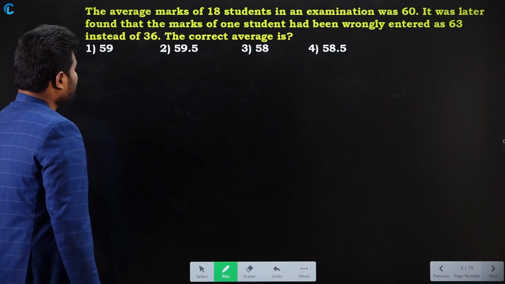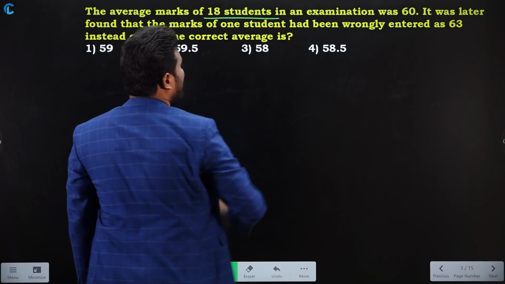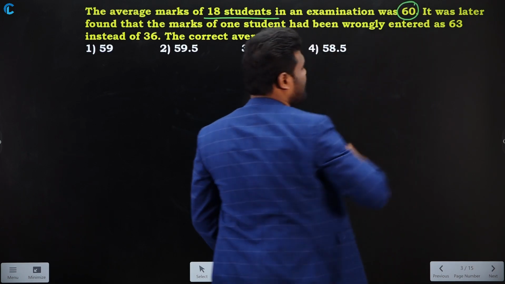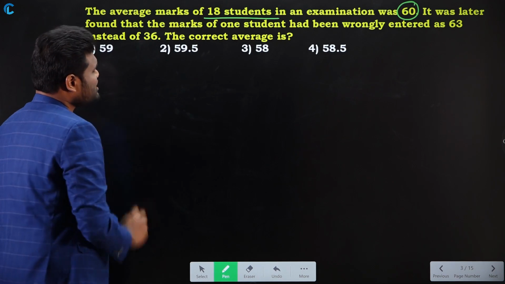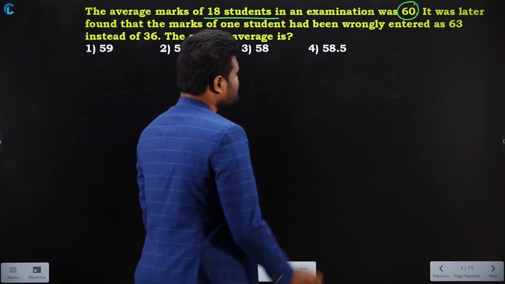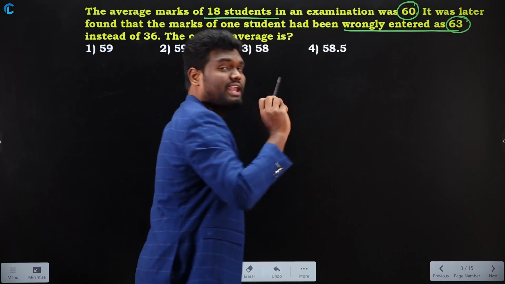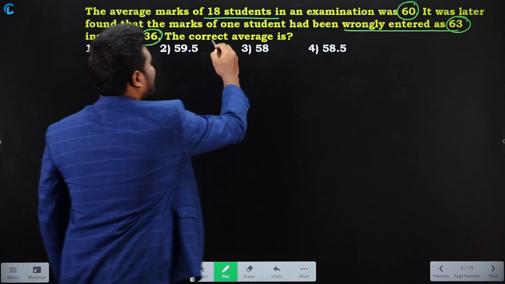What is the next question saying? The average marks of 18 students in an examination was 60. So the 18 students' average marks is 60. It was later found that the marks of one student had been wrongly entered as 63. Wrong value is 63, instead of 36. The correct average is?